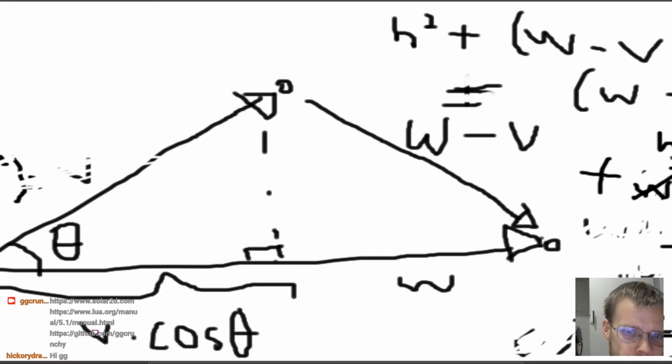Now, the H, because this is V cosine theta, this is V sine theta, so we can just expand that as V squared sine squared. And now these two combine together because they're both V squared and they have cosine squared plus sine squared, which is 1.